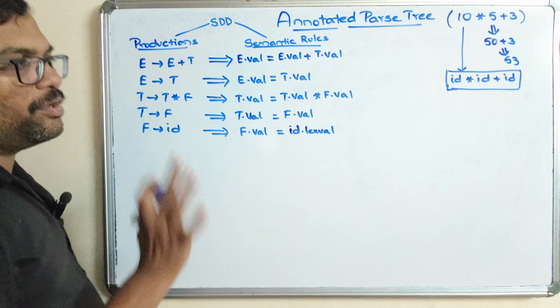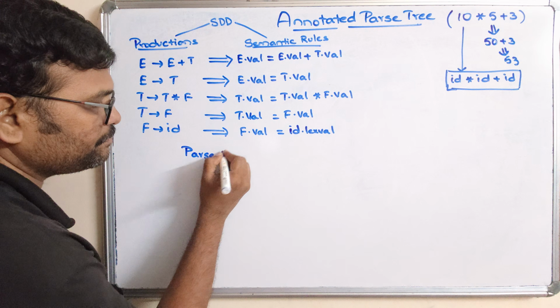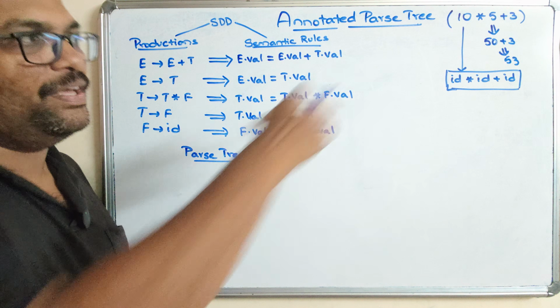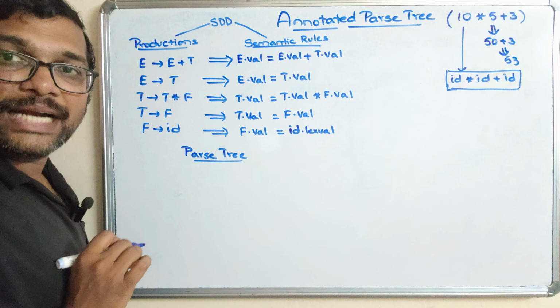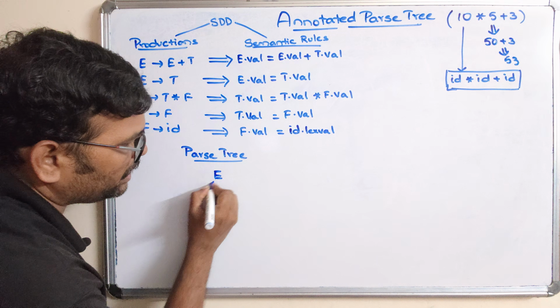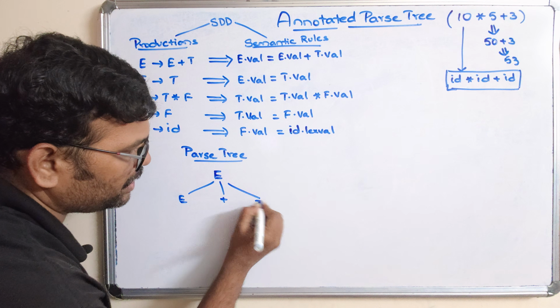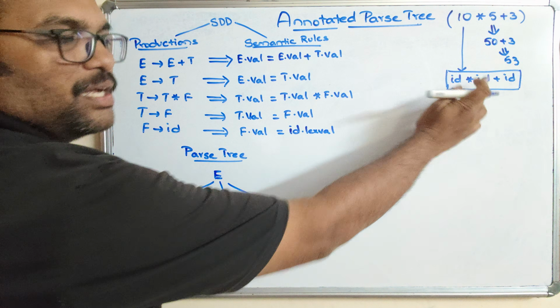For these semantic rules, first we need to draw the parse tree, which means deriving this particular string. We have to start from the start symbol. E is the start symbol, so E can be expanded with E + T. The second one is an addition, the first one is a multiplication.